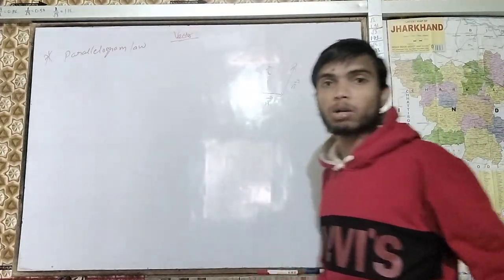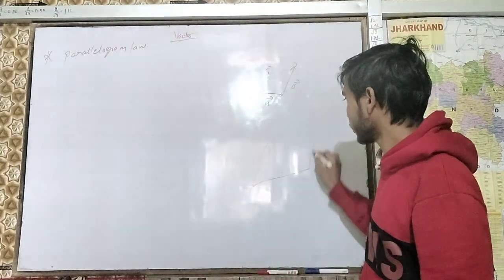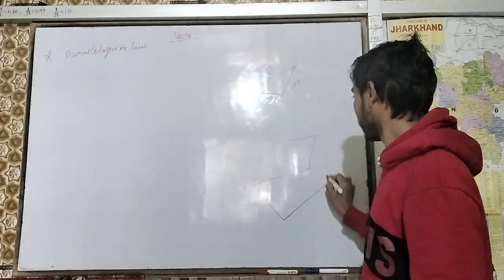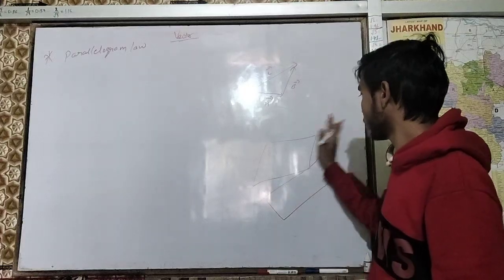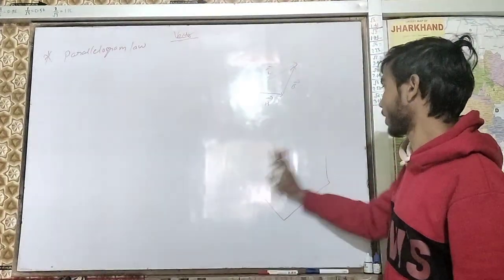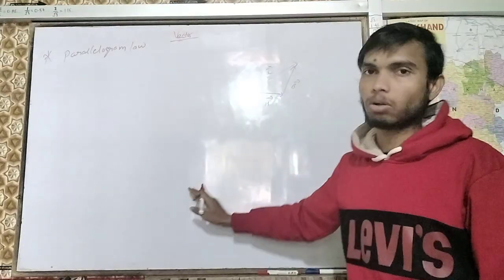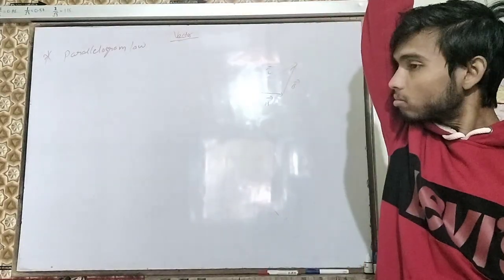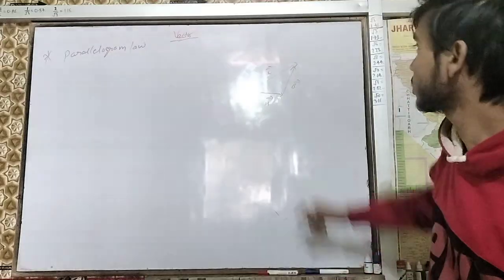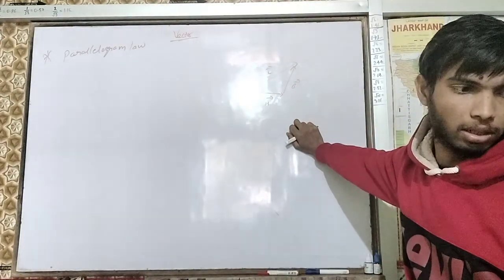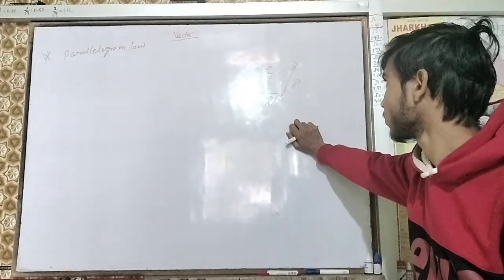When it comes to parallelogram, it looks like this. It can look like this. There would be four vectors. Already we have three vectors. So this C is our diagonal vector.